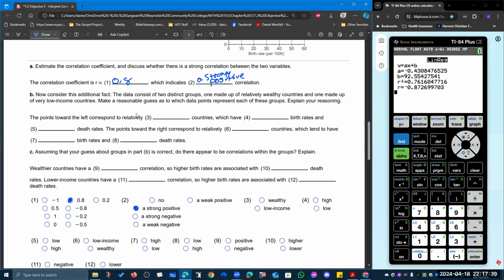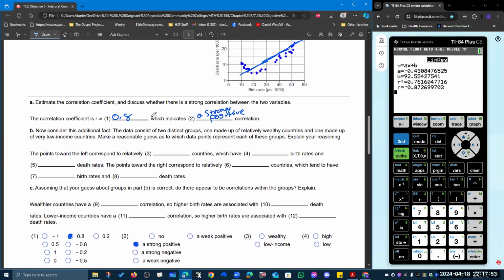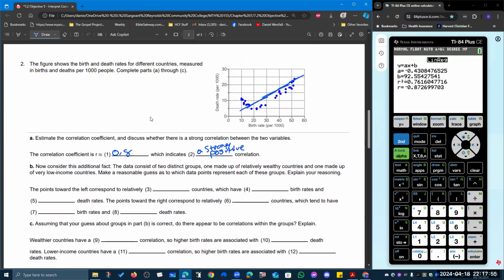Now consider this additional fact. The data consists of two distinct groups, one made up of relatively wealthy countries and one made up of very low income countries. Make a reasonable guess as to which data points represent each group and explain your reasoning.